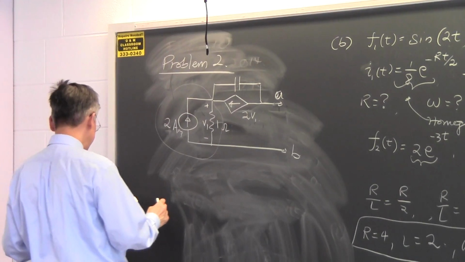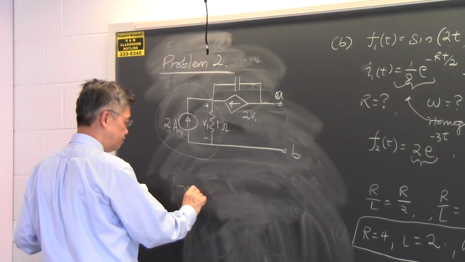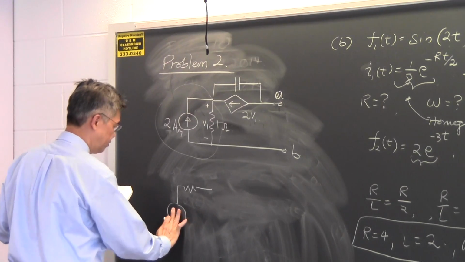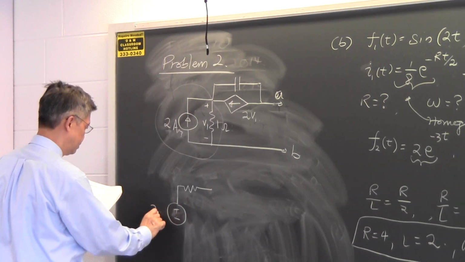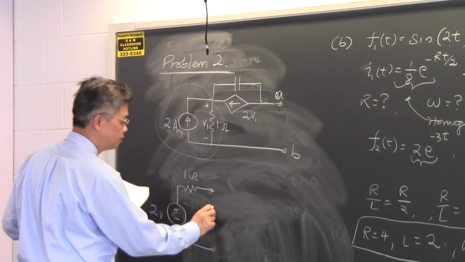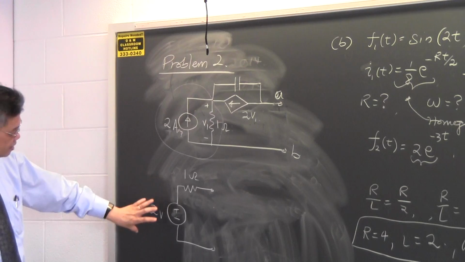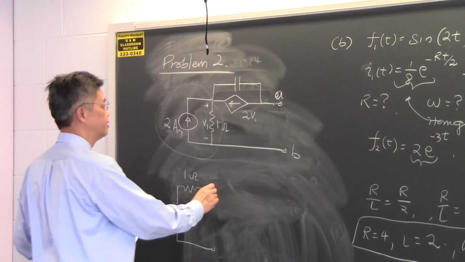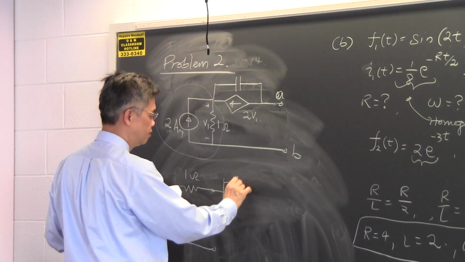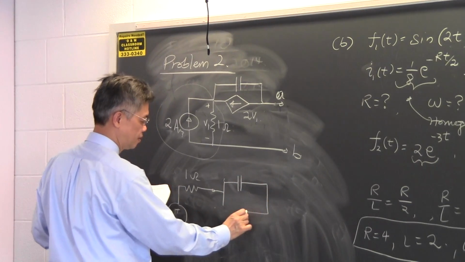If you replace it with the Thevenin equivalent, it will look something like this: a voltage source, and then you put a 2-volt source here, 1 ohm resistor. So this part can be replaced with this Thevenin equivalent, and then the rest of the circuit you can replicate the same way.